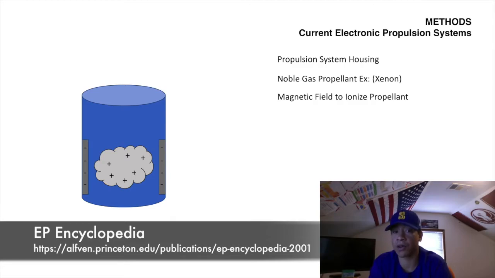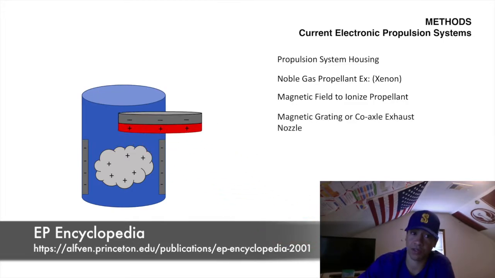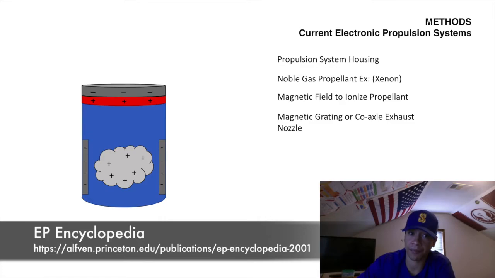So you can move it around, you can shape it, you can have it gravitate to an area, you can propel it out to create thrust. And in thrusters, that's exactly what we're doing.